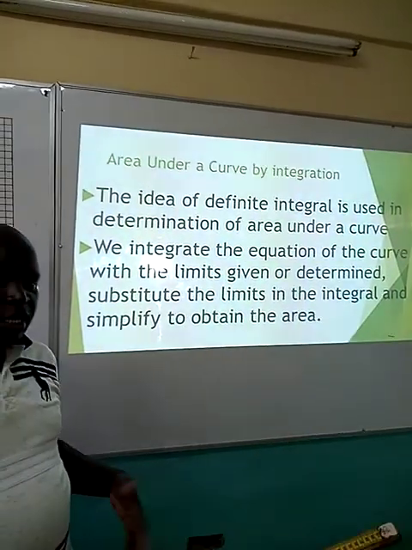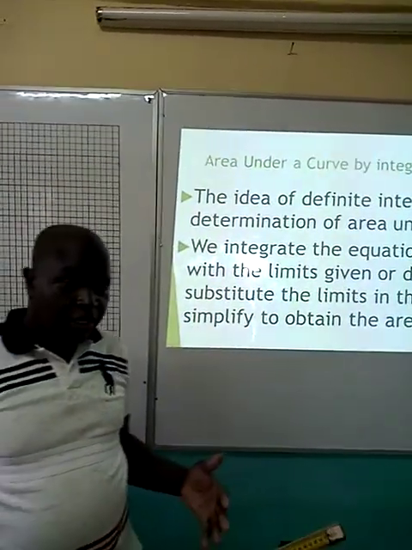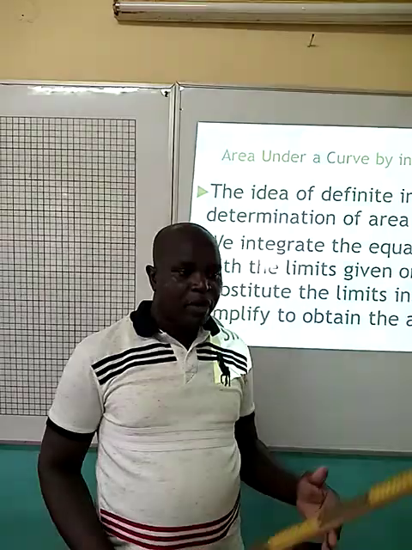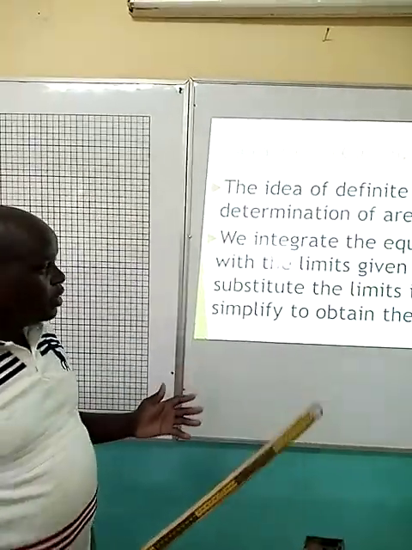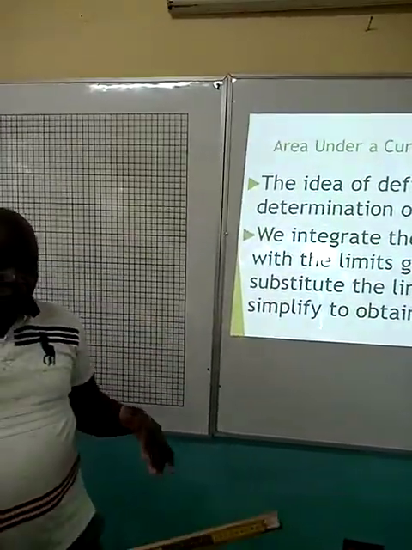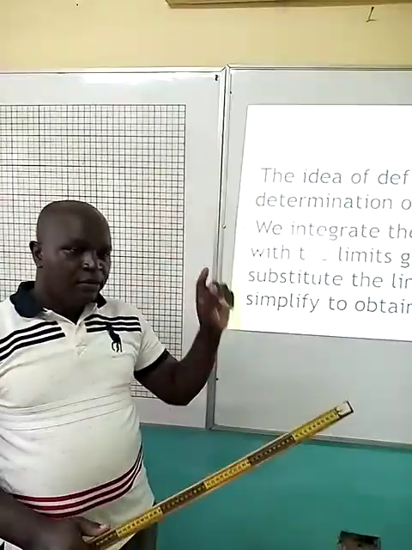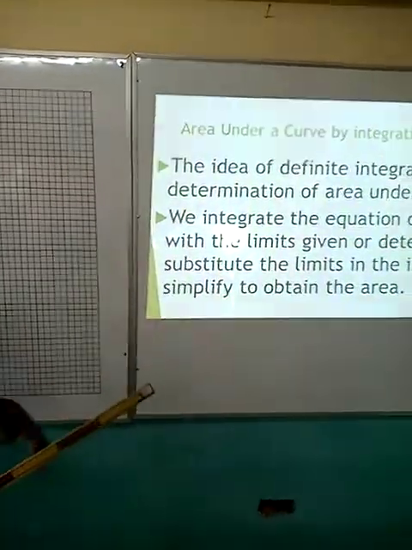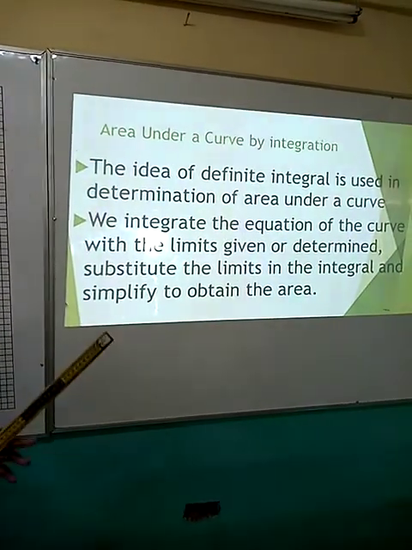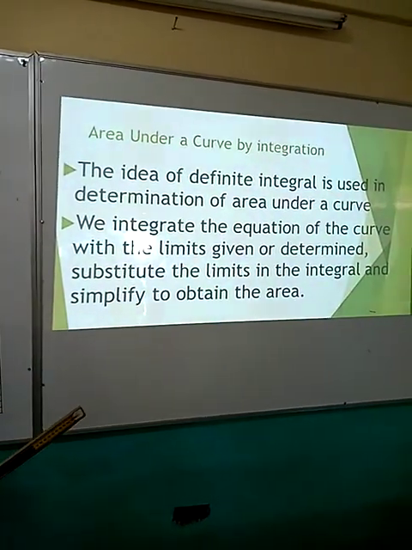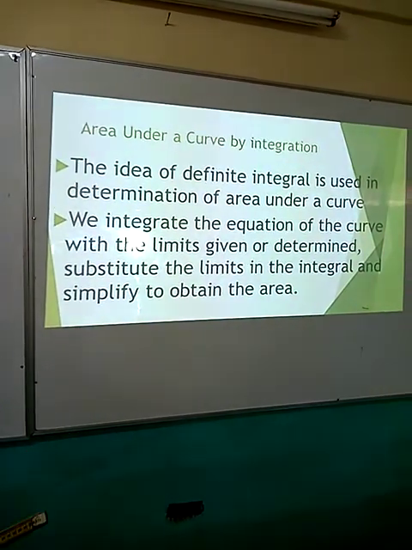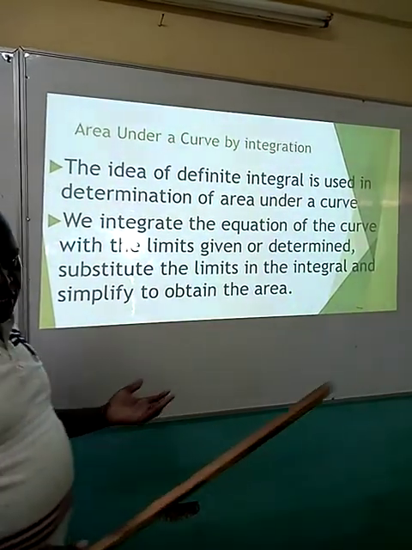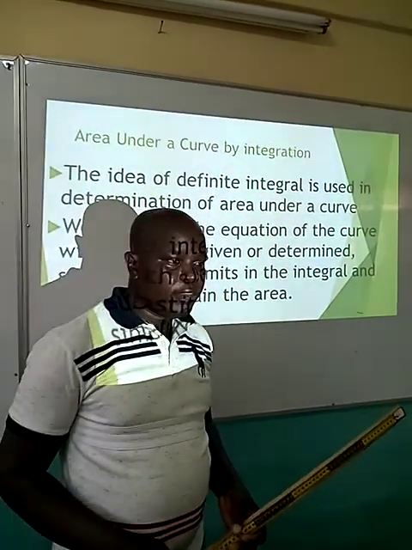In some cases, the limits will not be explicitly given, and as a student, you will be required to determine them. So we shall be integrating with the limits which may be given or may be determined by the candidate. Then we shall substitute the limits in the integral and simplify to obtain the area that we are talking about.